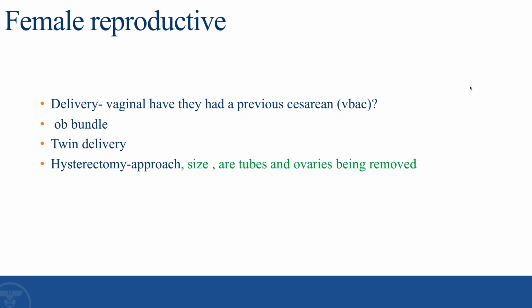The ovaries are also being removed. So when you hear those two terms, they're having a hysterectomy, the uterus is being removed, and they're also removing the tubes and the ovaries.